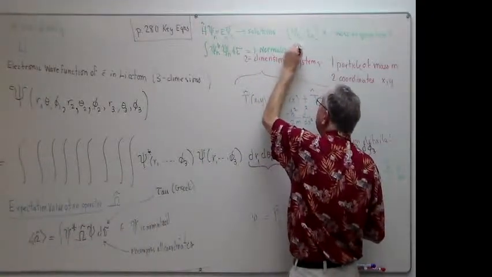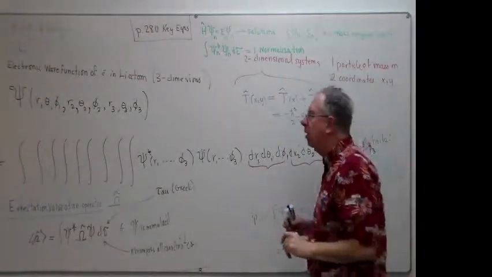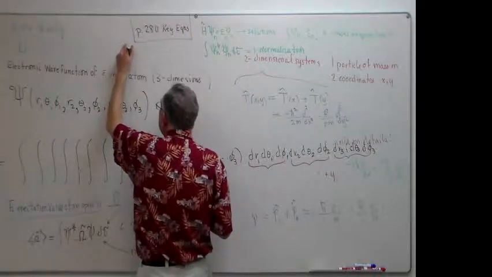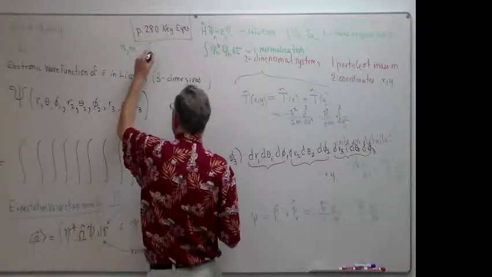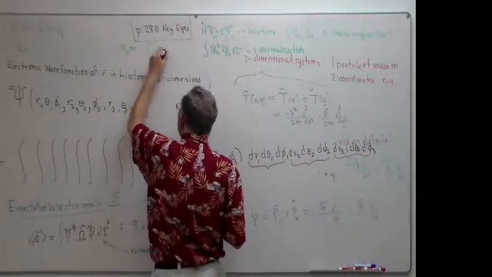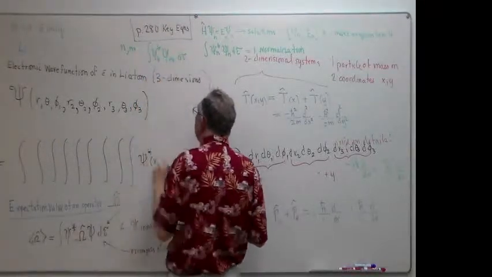But one thing that the summary equations on 280 point out is there are many solutions. So what if we had n and m? It would look like this: psi star n going with psi m d tau.